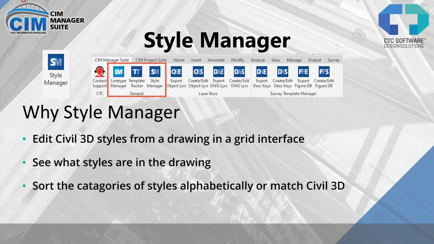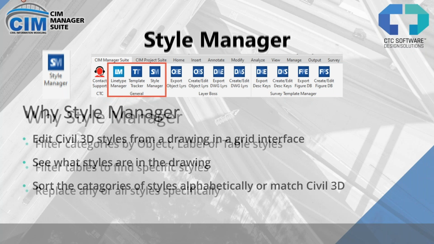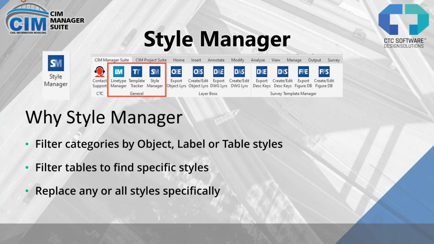Sometimes it's just easier to sort alphabetically if you're looking for something in particular, unless you're very familiar with the Civil 3D toolspace categories. So we can filter the categories too, and we can show only objects or layers or tables, which we probably also all know that if you're trying to do it in Civil 3D itself, the only thing you can really isolate is the labels. We can filter tables to find specific styles.